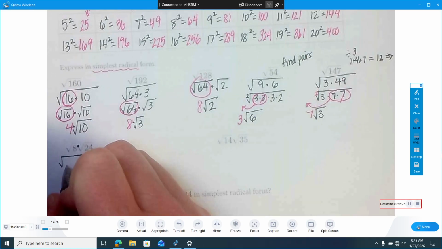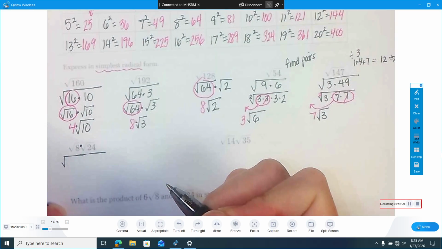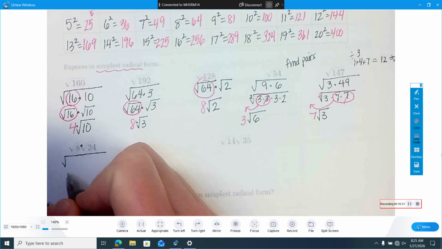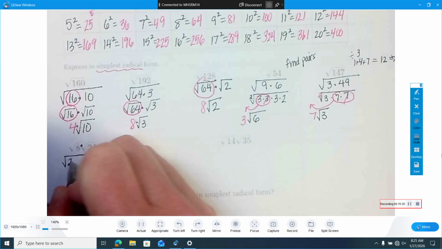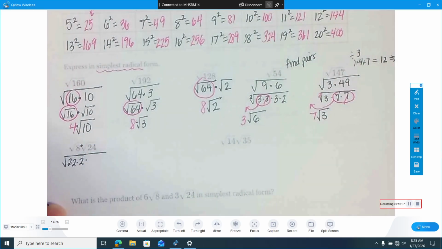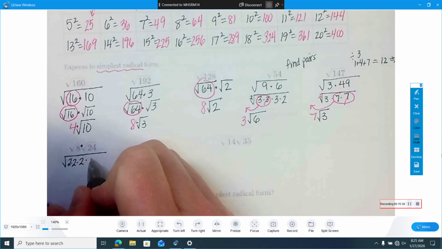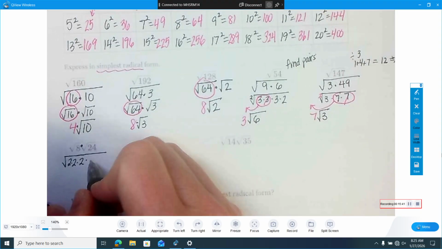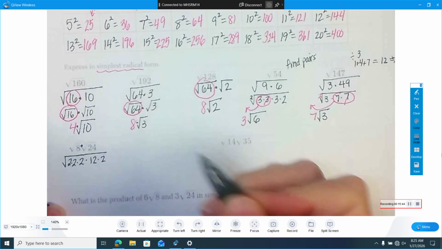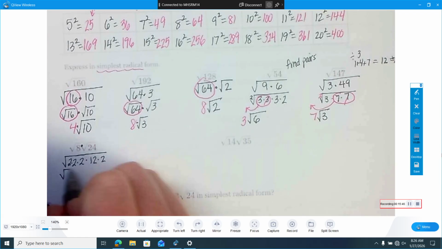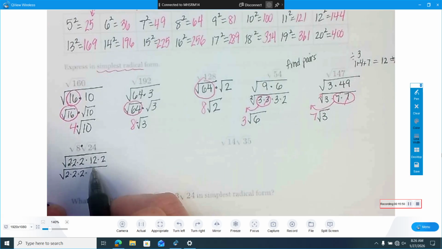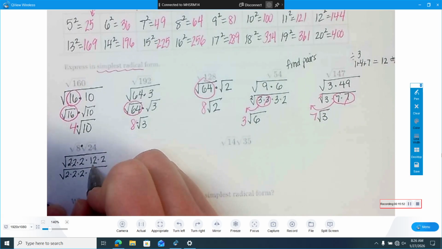8 breaks down into what times what times what? 4 times 2. And then the 4 breaks down into 2 times 2. So 8 is 2 times 2 times 2. 24 is what times what? 12 times 2. Okay, but I got to break down the 12. 4 times 3. All right, I got 4 times 3.